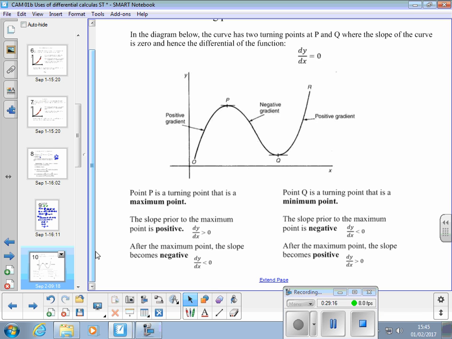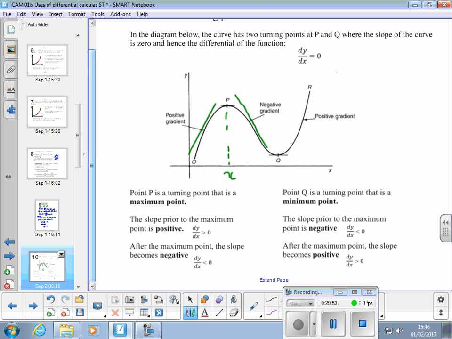If we look at the slope prior to that, the gradient is positive, and if we look at the slope after, the gradient is negative. So we can find the value of x when the slope is 0, similar to how we found the time when the acceleration was 0. So we can find this point here on its scale.